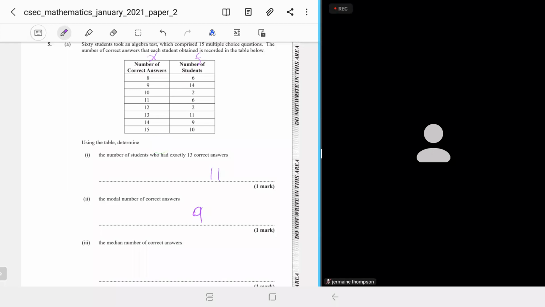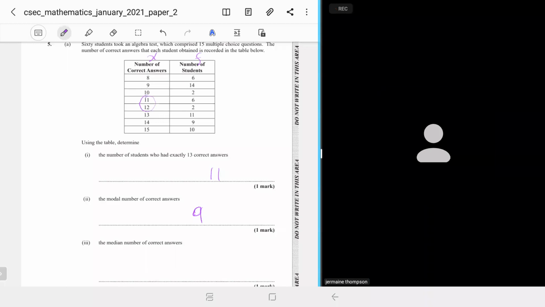To find the median number of students, what do we do? So wouldn't you just find 10 and 12 and divide it by 2? Say that again? Add 11 and 12 divided by 2. Which 11 and 12? These two?